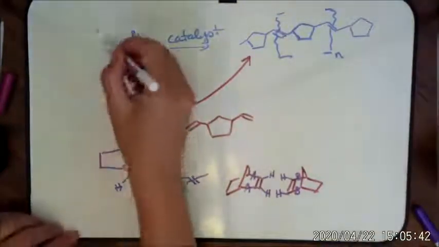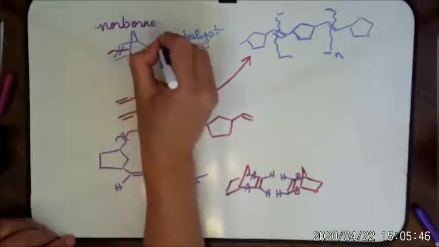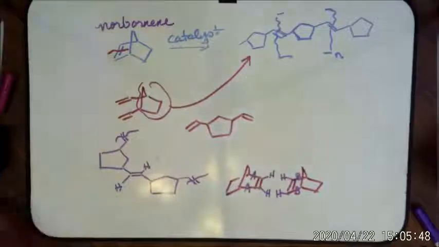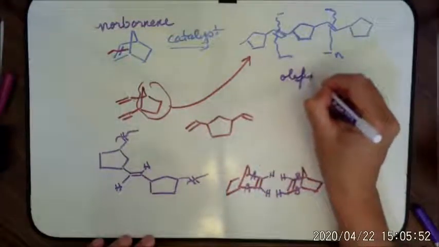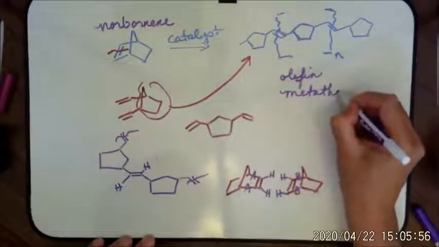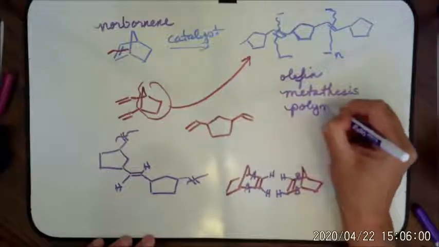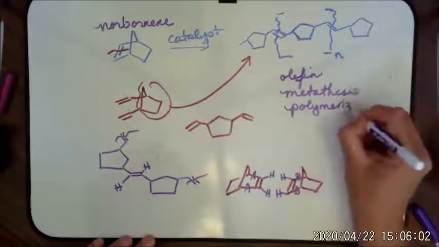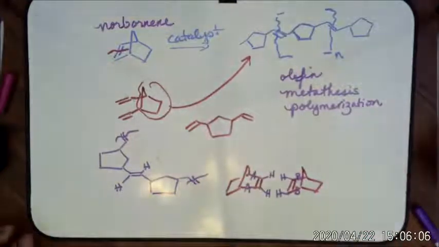So when you use something like norbornene, you can also get a metathesis polymerization. I think this one is the same as the others.